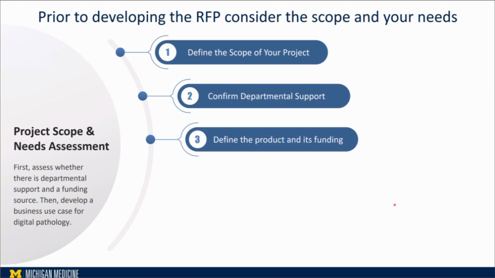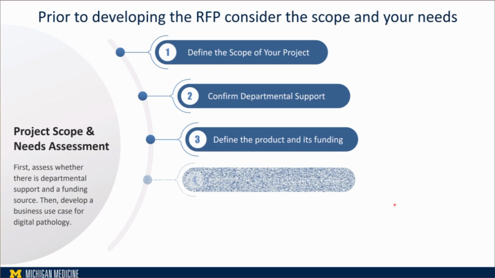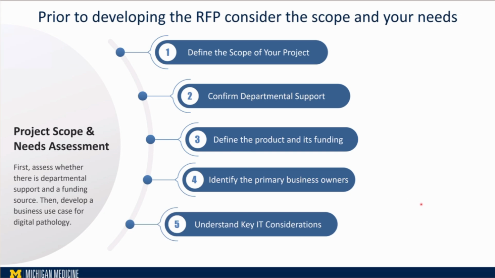Of course, you need to define the product and its funding. You need to identify the primary business owners. This is extremely important. And also, you need to understand the key IT considerations. All these factors are really important for a successful transition from analog to digital, or for any project you want to build.